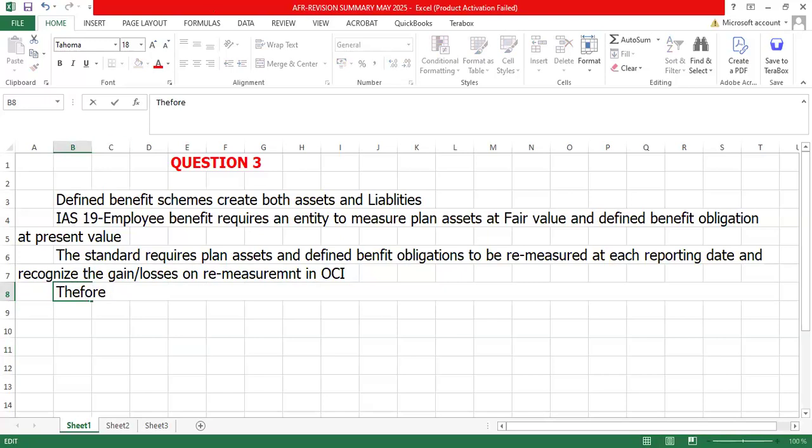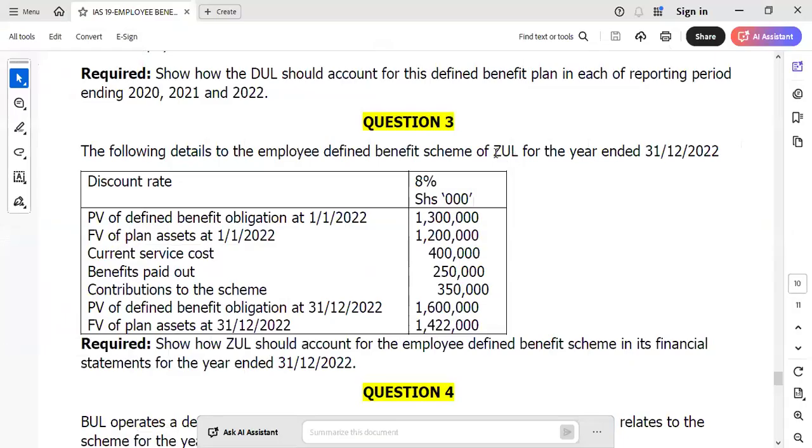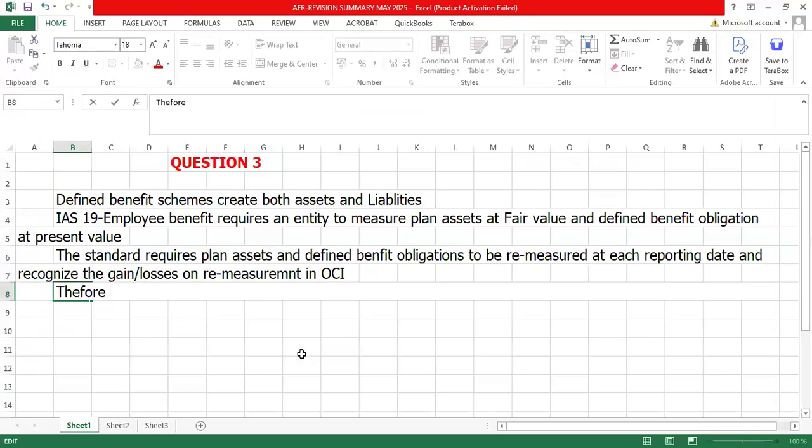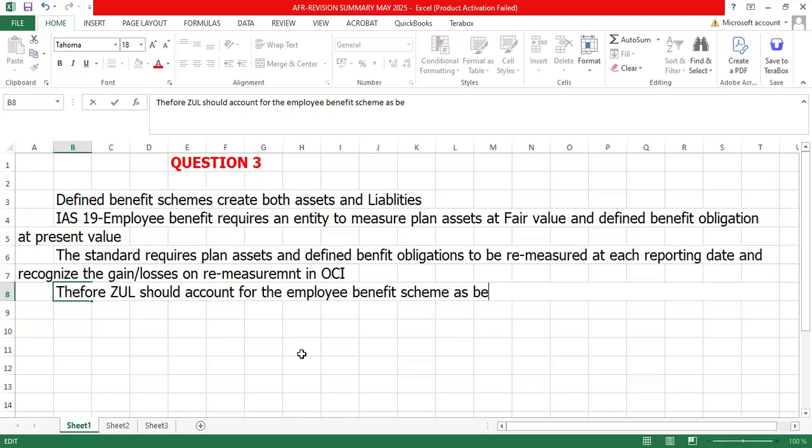Therefore, Zurich should account for the employee benefit scheme as below.